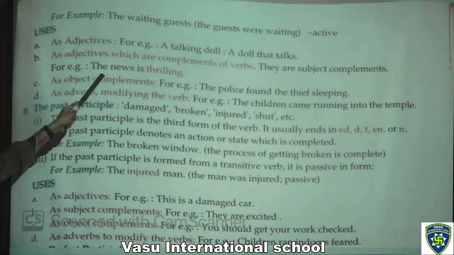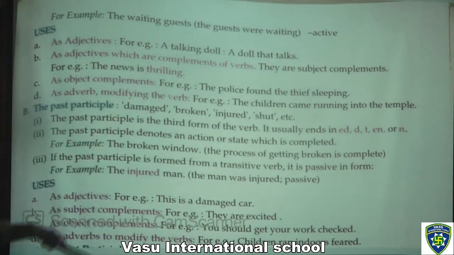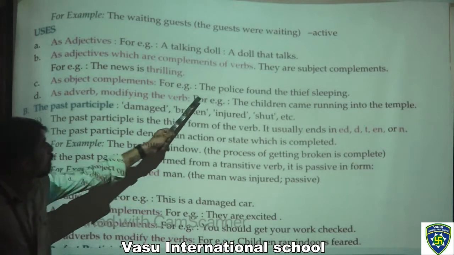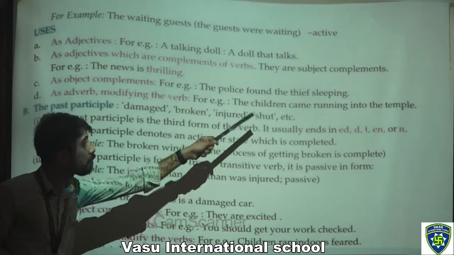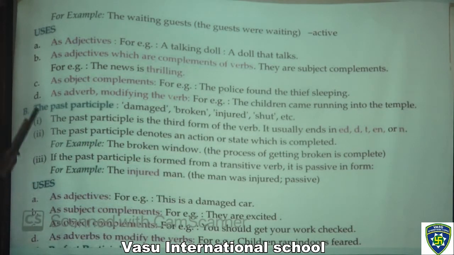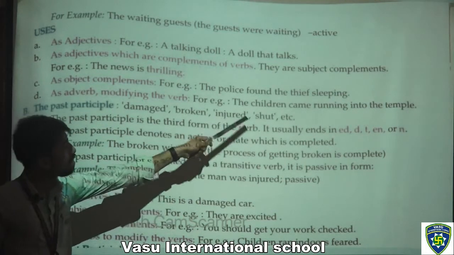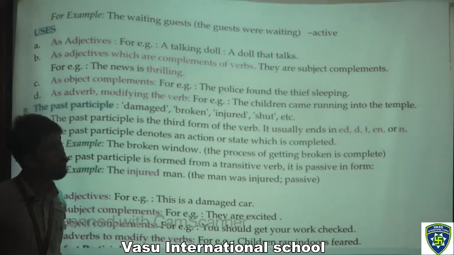For example, the news is thrilling. So thrilling is a word which is an adjective, a complement of a verb. So the C point is, as object complements, for example, the police found the thief sleeping. Now as an adverb modifying the verb, for example, we can say the children came running into the temple.